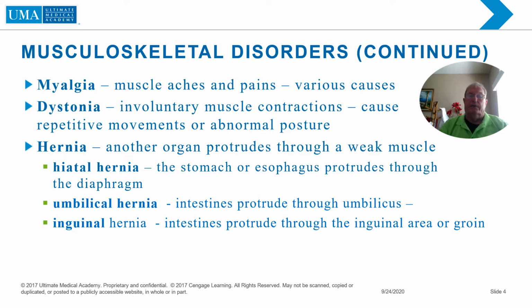I know that hernias happen a lot in men who are overstressed and move heavy objects. They can tear their muscles in their stomach area and cause their organs to protrude through the cavity of the muscle tissue. So it's quite common to have a hernia.